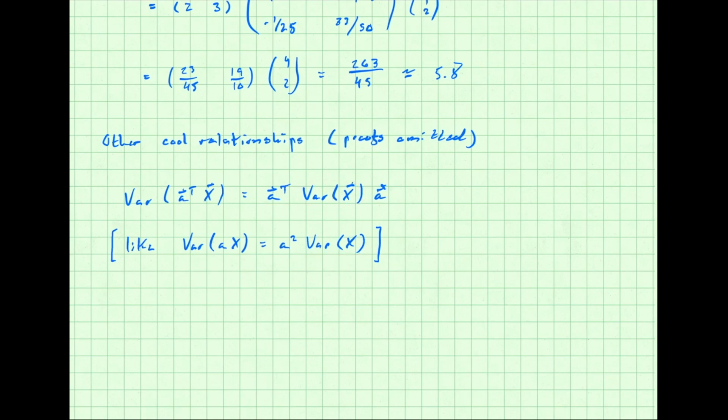But in the end, you put these three things together, and you do get just one number out of that, the variance of this linear combination of the components of the random vector X. So I think that one's kind of neat.